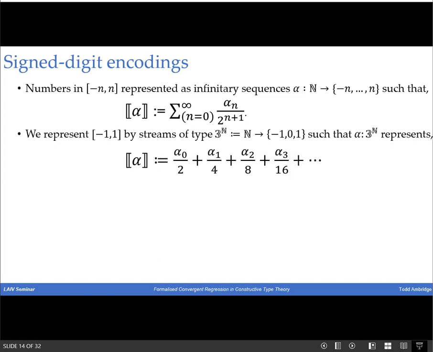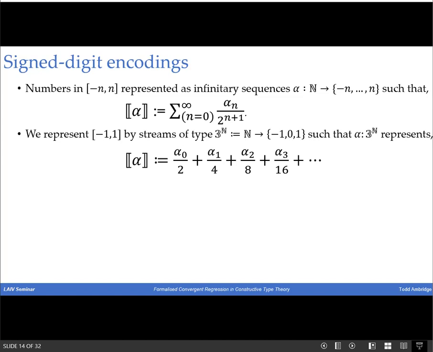To give a more specific example, the one we use in the paper is just the interval minus 1 to 1, represented by streams of the type from the natural numbers to minus 1, 0, or 1. We call this type 3 to the n for obvious reasons. An encoding alpha of type 3 to the n represents the following: you take the first digit and divide it by 2, then add the second digit divided by 4, then add the third digit divided by 8, and you keep doing this.